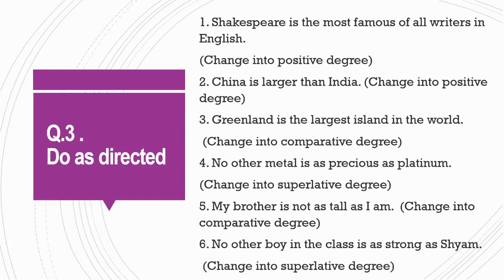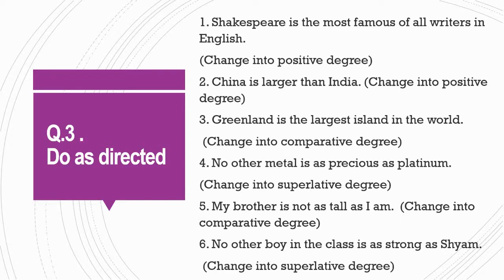No other metal is as precious as platinum. Change the sentence into superlative degree. My brother is not as tall as I am. Change into comparative degree. No other boy in the class is as strong as Sham.